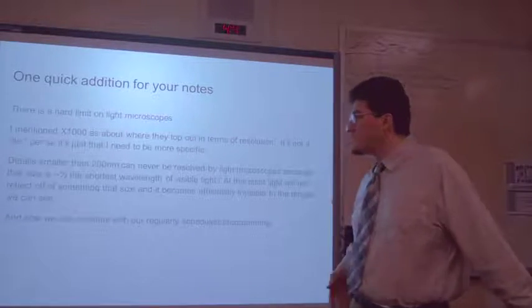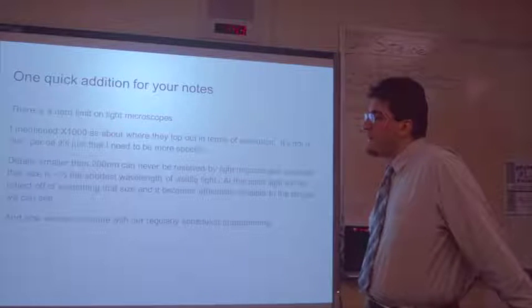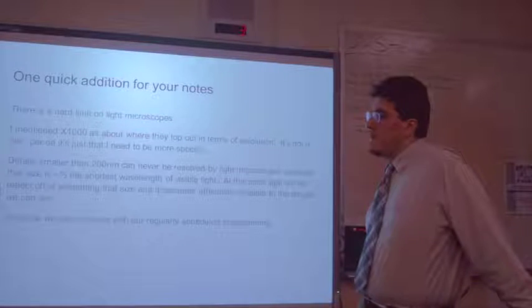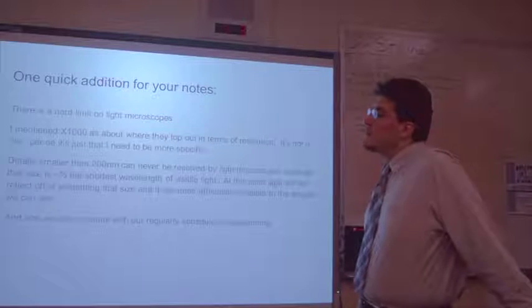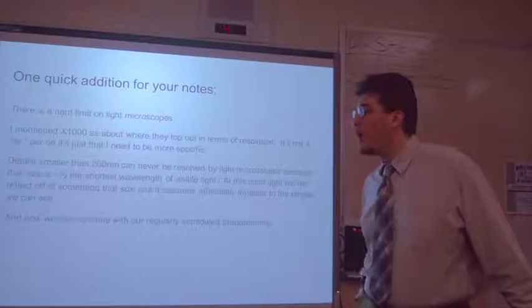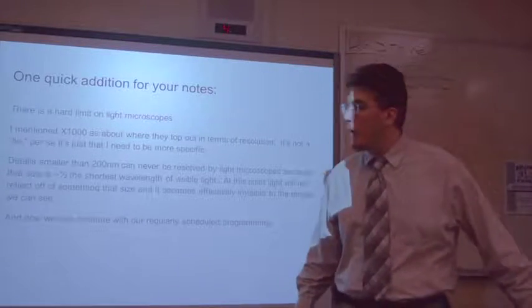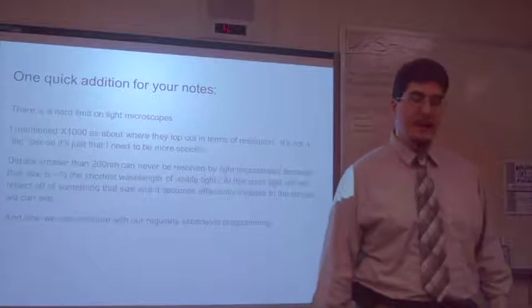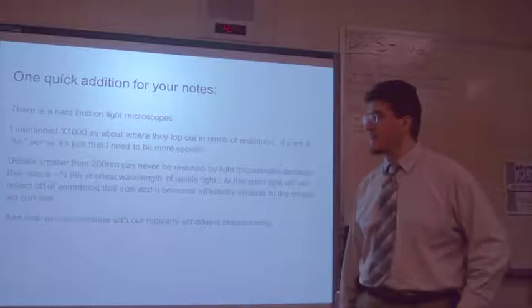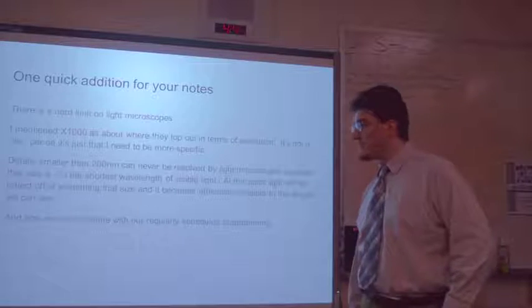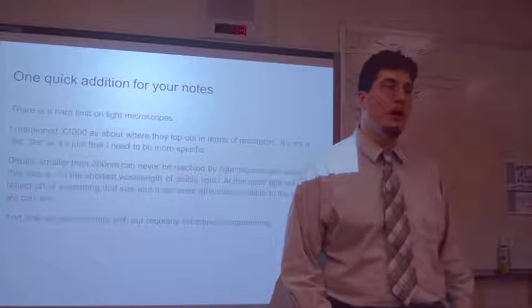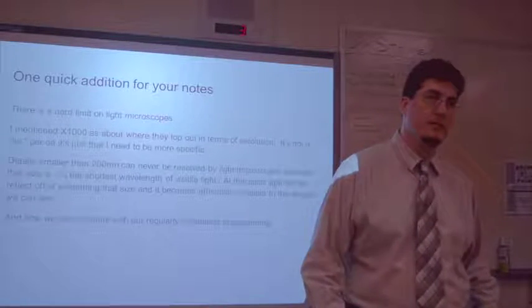The shortest wavelengths of light are 500 or so nanometers, and 200 is less than half of that. So at that point, the visible light cannot reflect off of things that small, and so things that are that small are effectively invisible.